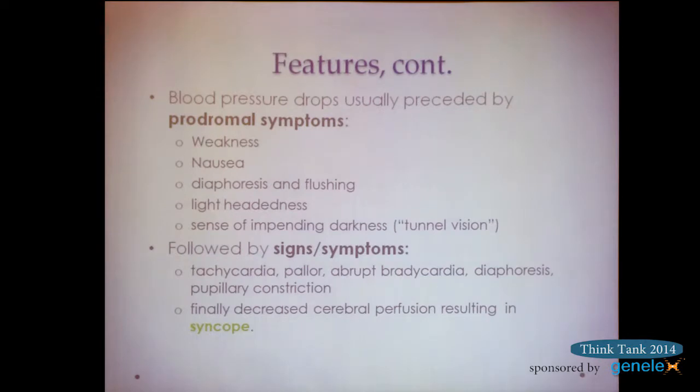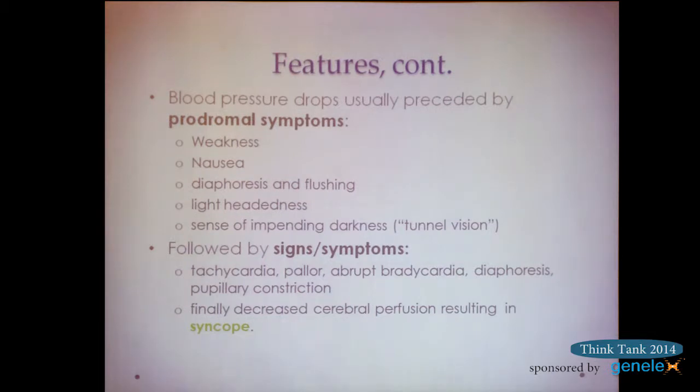The blood pressure drops are usually preceded by prodromal symptoms: weakness, nausea, diaphoresis, flushing, lightheadedness, and a sense of impending darkness or tunnel vision. We hear various descriptions: speckles in front of my eyes, tunnel vision, the shades coming down. This is followed by signs and symptoms of the blood pressure being affected.